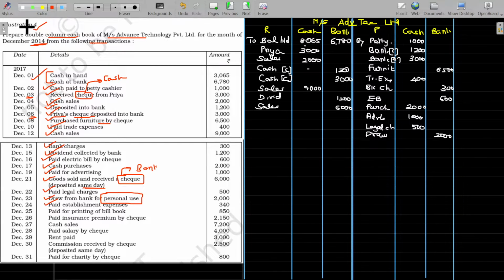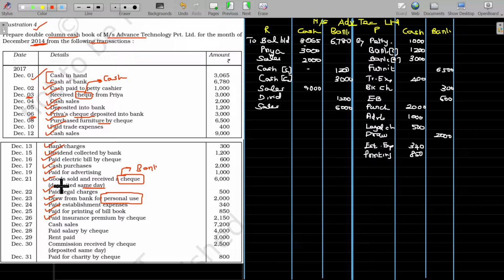Paid establishment expenses in the payment side, the value being 340. And paid for printing of bill book, printing charges, and the payment being 850. I assume this is paid only through cash.